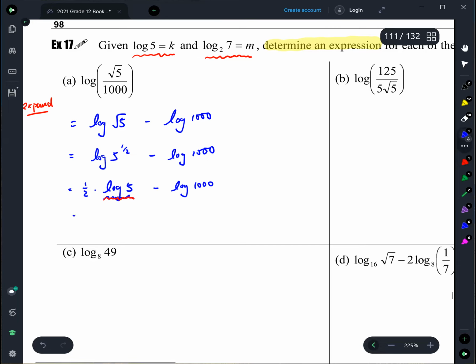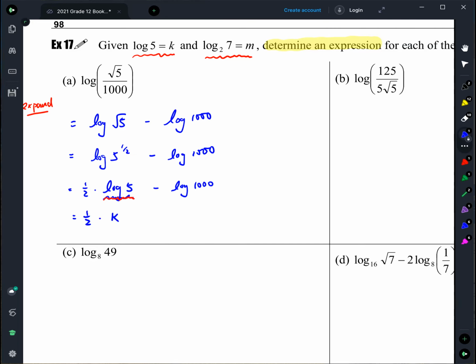So you get half times K, because the question tells you that when you see log 5, it becomes K. And then the second part: you cannot leave log 1000 there because your answer cannot have any log. So what does log 1000 equal to? Chris?